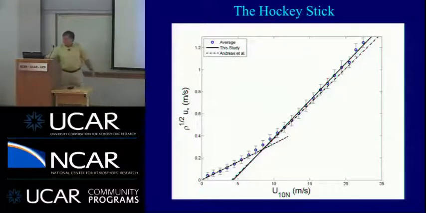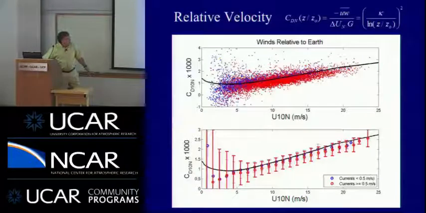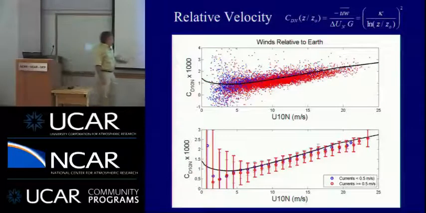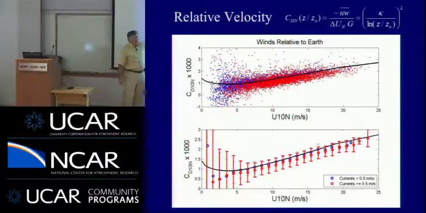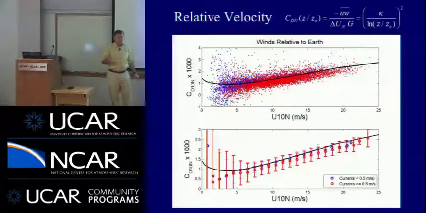Currents matter. I have kind of a nice result here, which is this scatter right here showing winds relative to Earth. And it's a really nice data set because the buoy for CLIMODE was in the Gulf Stream, in and out of the Gulf Stream. It was right near the northern wall. And because of meanders of the Gulf Stream over 15 months, sometimes it was out, sometimes it was captured in an eddy, and for the most part it was in the Gulf Stream itself.